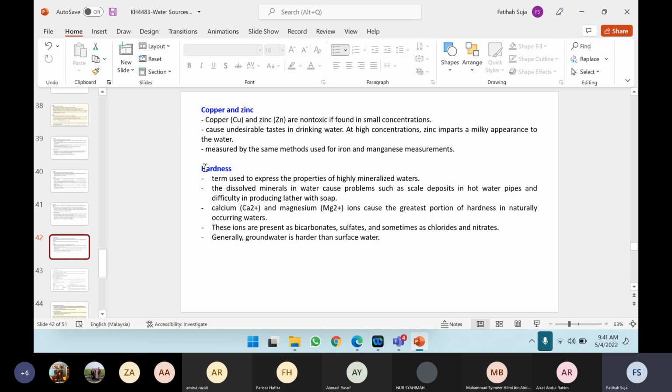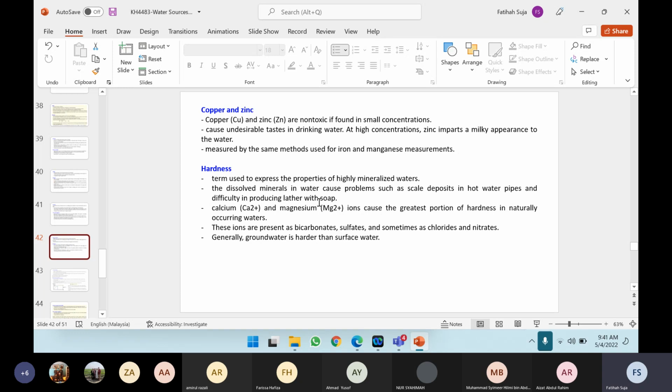And then hardness. We have to ensure that our water supply does not contain too much of this hardness parameter, because it will cause problems such as scale deposits in hot water pipes and difficulty in producing lather with soap.